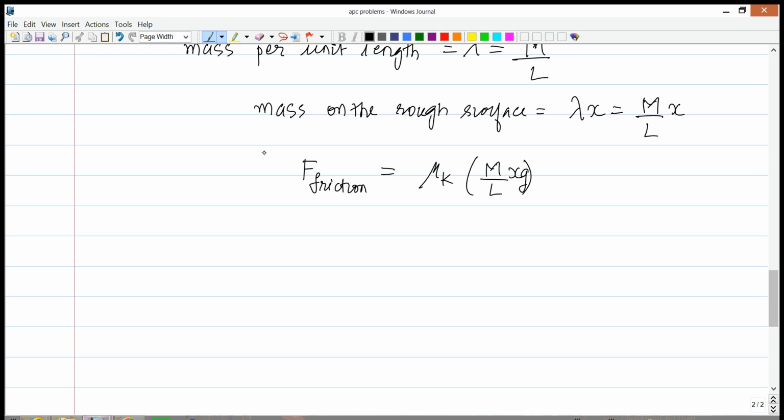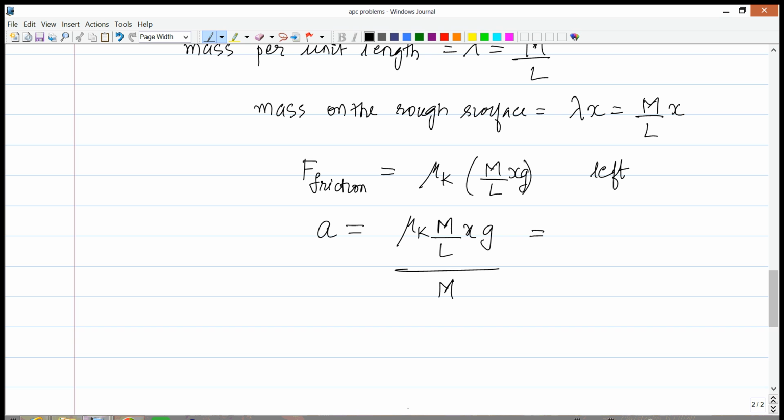So this is the force that is pointing to the left, and as a result the acceleration is going to be equal to simply mu k m over L x g divided by the total mass of the plank. Understand that the force is only acting over a portion of length x, and the acceleration is for the entire body.